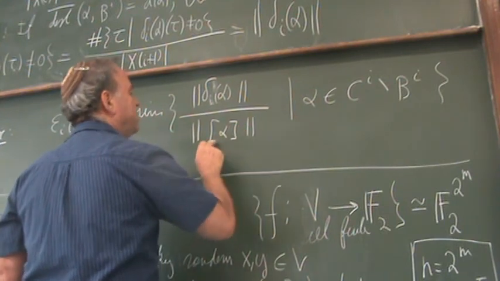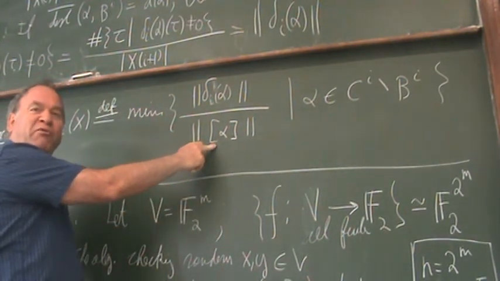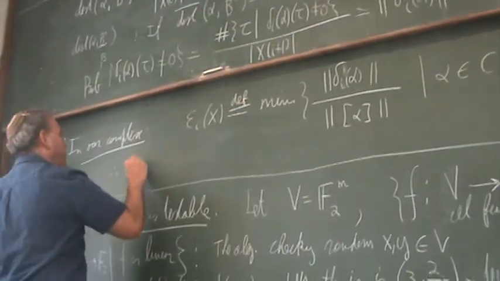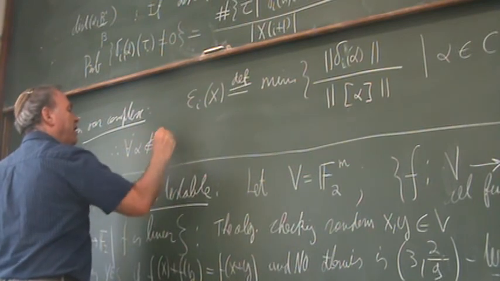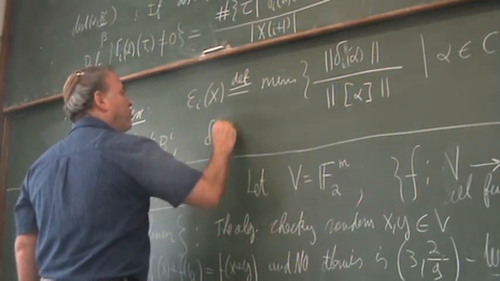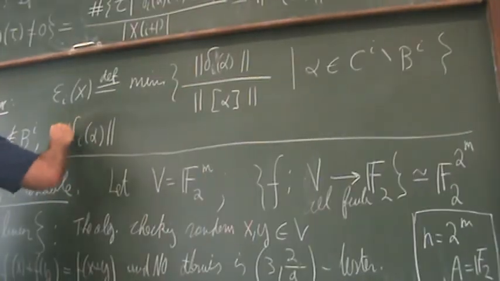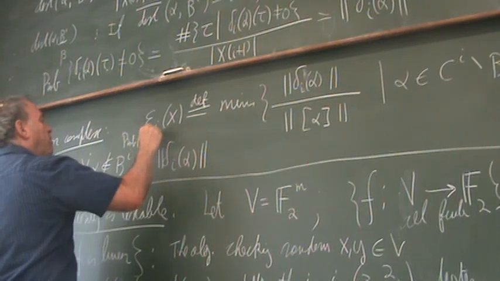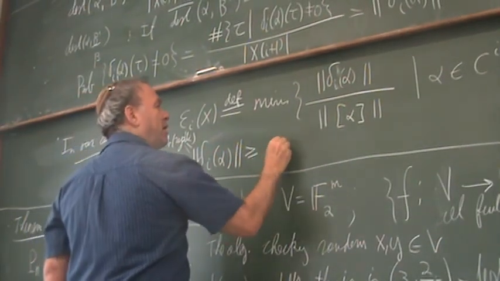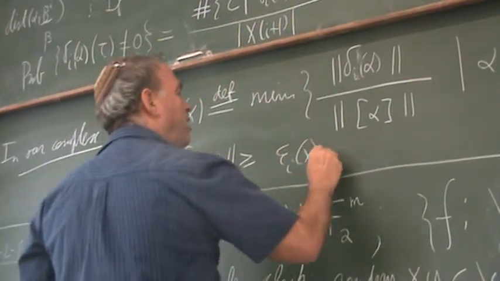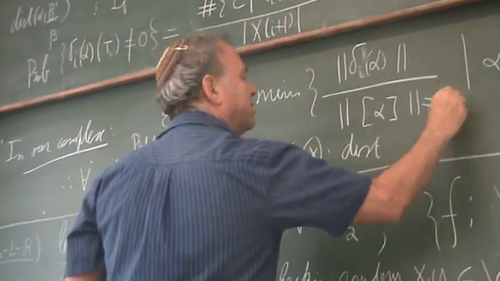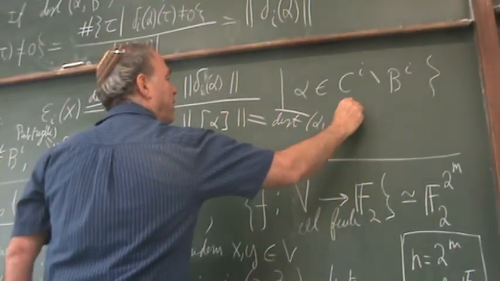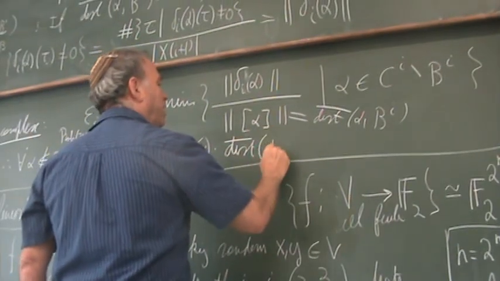But what is this? We just explained, this is the distance of alpha from Bi. Therefore, for every alpha not in Bi, the norm of delta I of alpha, which is the probability of rejection, is at least epsilon I of X times the distance, because this is exactly the normalized distance between alpha and Bi.